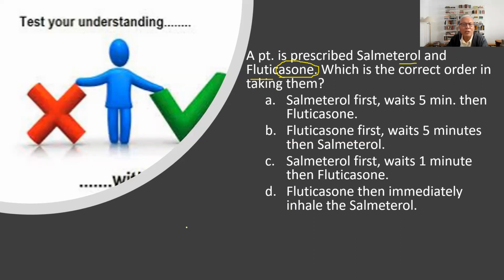Then the patient is supposed to wait for 5 minutes and then administer the corticosteroid right over here. So by giving the bronchodilator, you're opening the airway so that when you give the steroid, it can easily enter the airways and therefore decrease the inflammation.